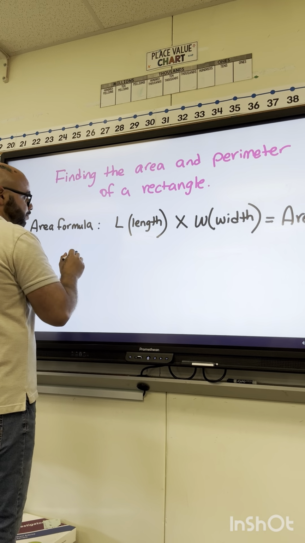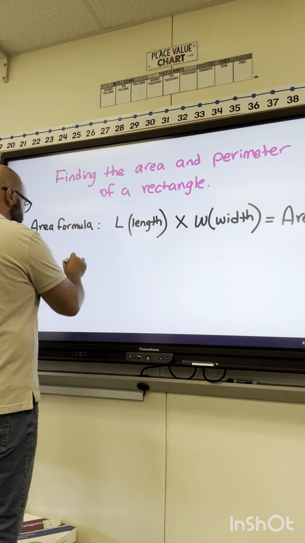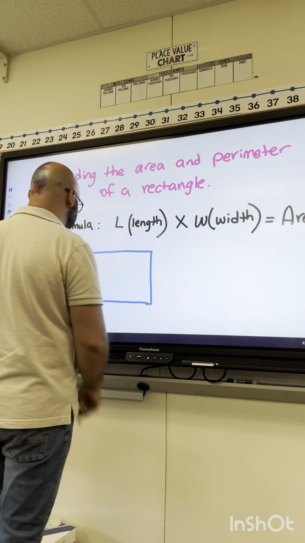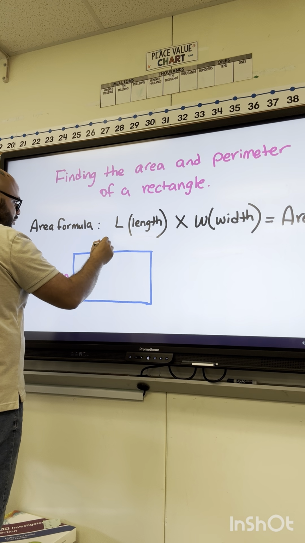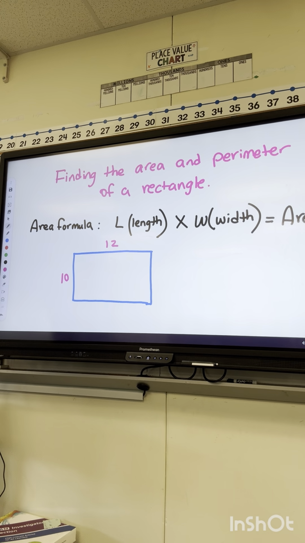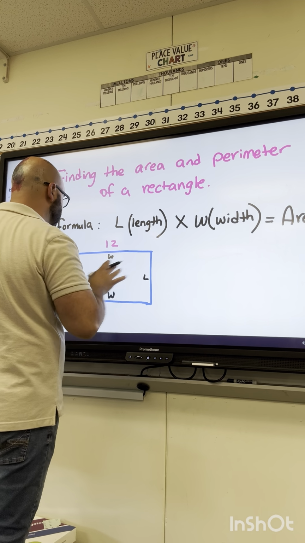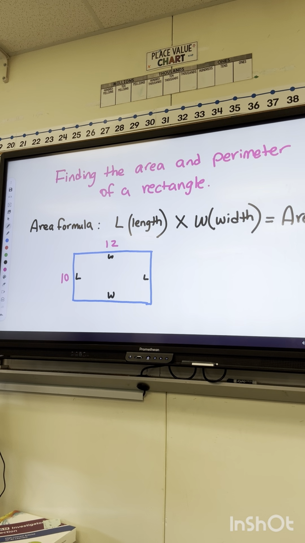So for example, I'm going to give you a rectangle with measurements of, let's say, 10 and 12 here. These are the measurements given to you. This is my length and my width. So I am 12 inches wide and 10 inches long. So these are my length, width, length, width.